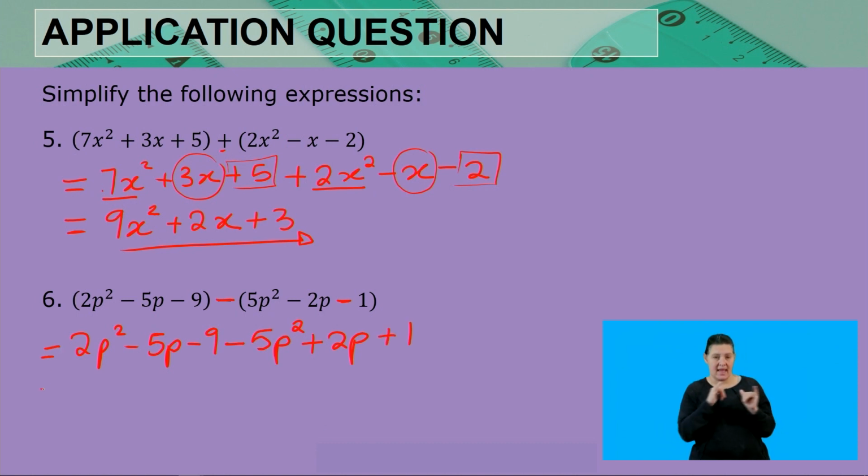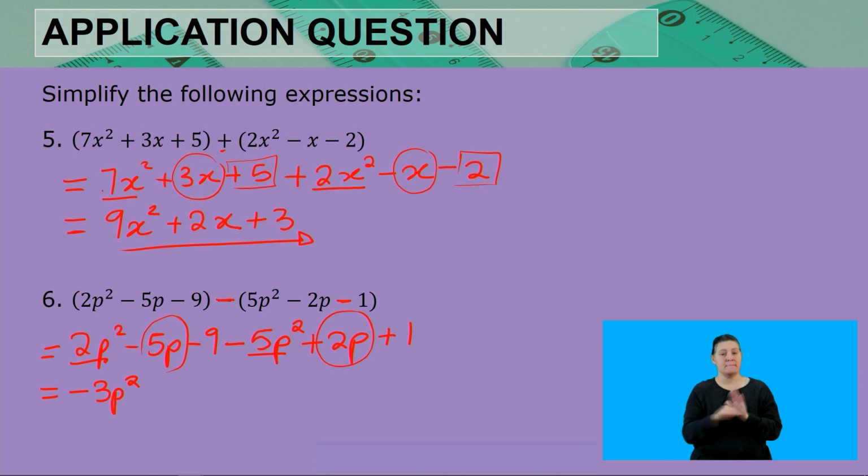Now, we are going to look for the like terms. We have there 2p squared and 5p squared. So we are going to say 2 minus 5. So what is 2p squared minus 5p squared? That is a negative 3p squared. Then we have the minus 5p and the 2p.